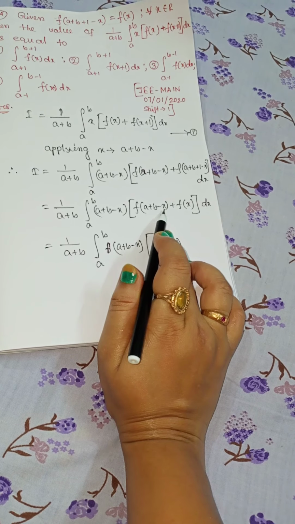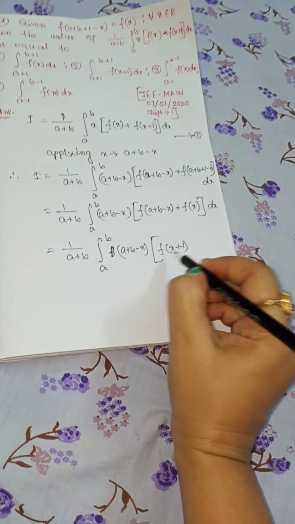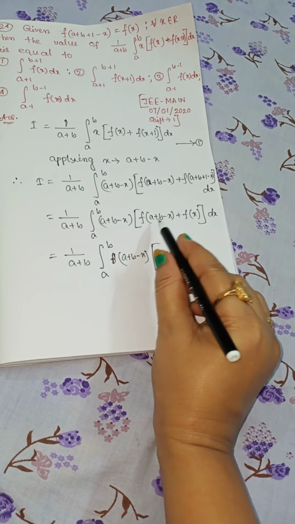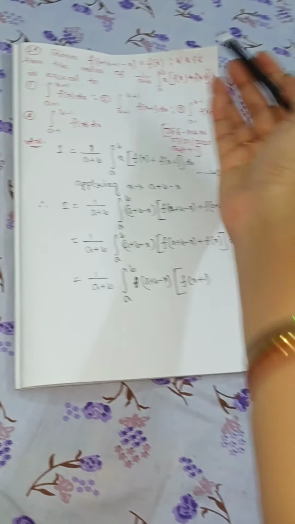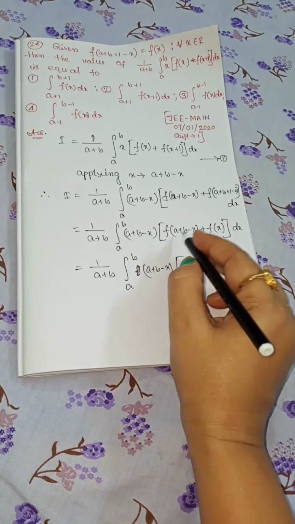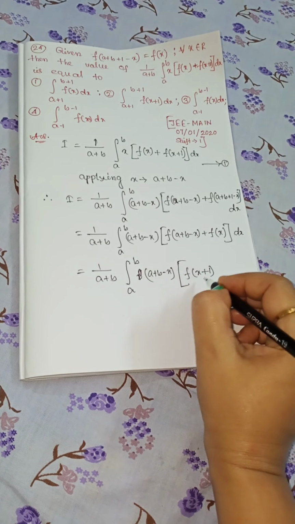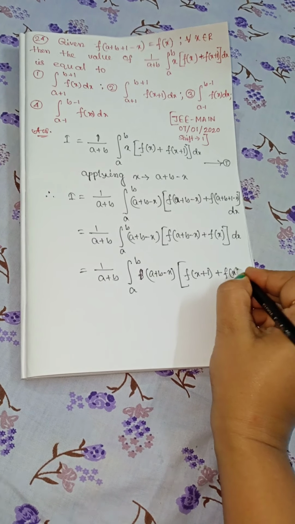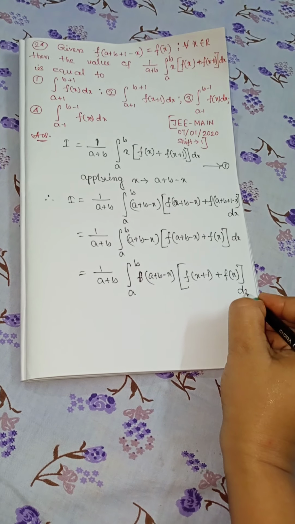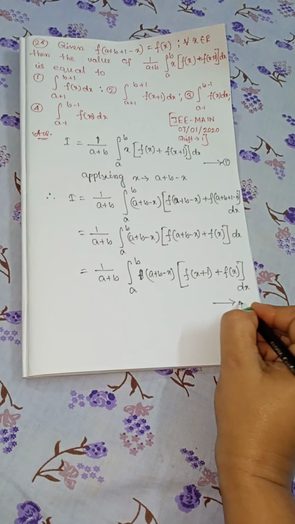If we put a + b + x + 1, that means a + b - x, and we know f(a + b + 1 - x) is equal to f(x). So we may write this one is equal to this plus f(x) dx. This is our equation number 2.